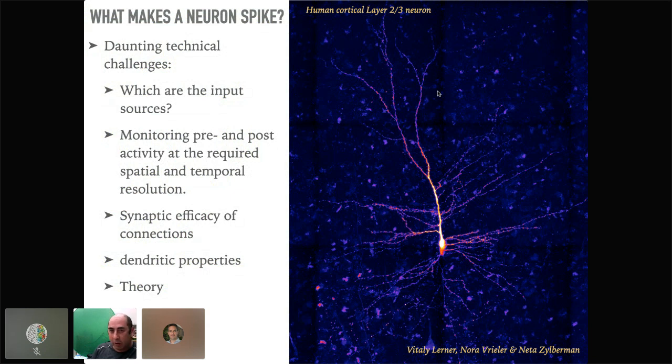You will have to monitor all of their activity to know each one of the spikes, when did it happen, and did it actually activate the synapse, because we know that not all synapses are activated every time a spike is coming. You will need to know the synaptic efficacy of each one of these connections. You need to know the dendritic properties, which we know, but only to some approximation.